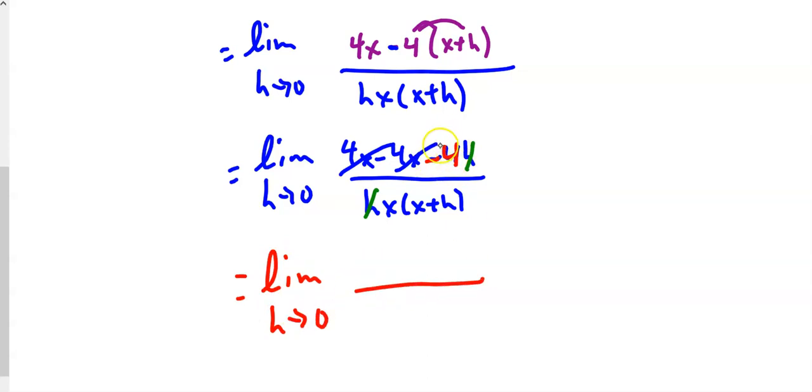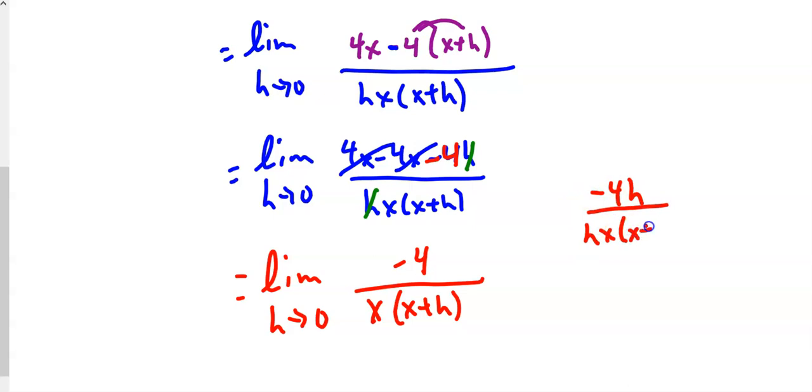And again, what's left here, what hasn't canceled, is negative 4 over x, x plus h. Okay. And again, if you need to see that extra little step there, the negative 4x's cancel. Kind of squeezing that in right there. So what cancels here are these h's, which brings me to this step. Okay, so I canceled in a couple different fashions there.